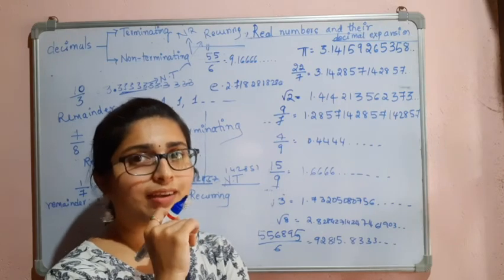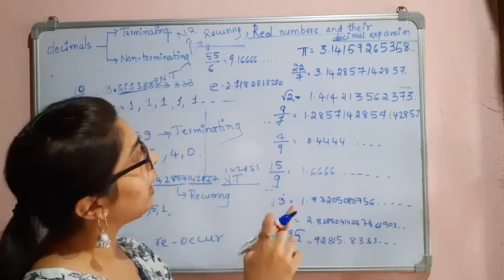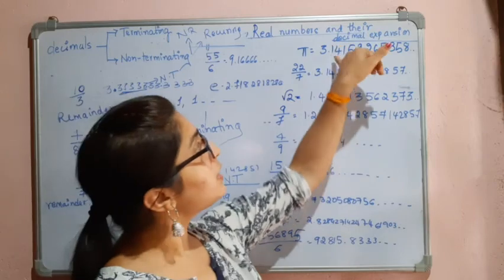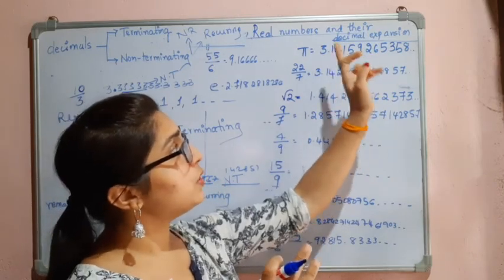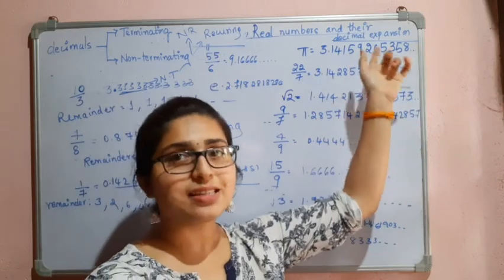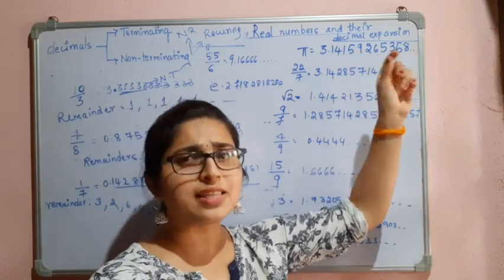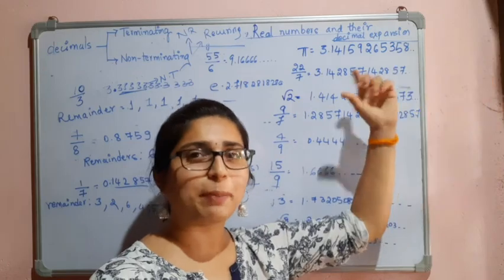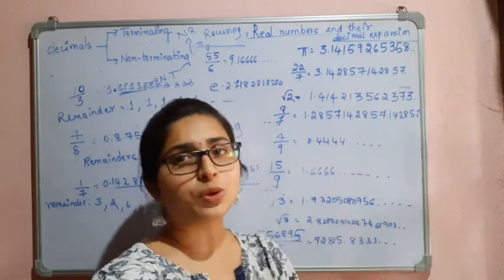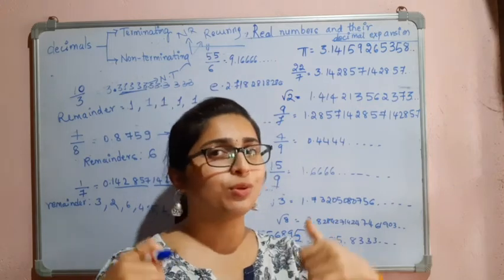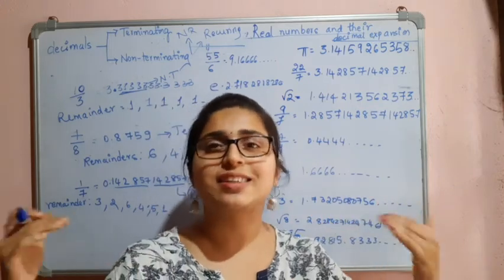You can think about that, right? So for a non-recurring decimal, let me take an example here. Pi, 3.1415926535. Is it repeating itself? Is any string of digits repeating, or any particular digit repeating one after the other continuously? No. You do not have any string of digits or a single digit which is reoccurring.